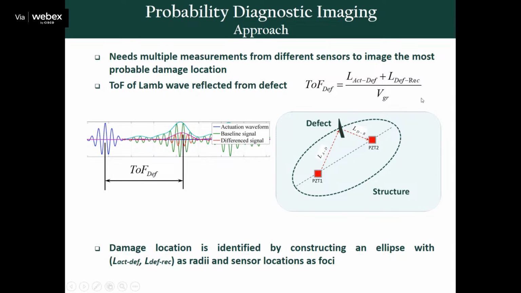And by knowing the property we just mentioned, the numerator here is going to be the same if we are looking at the defect along the same ellipse trajectory, by assuming the group velocity is the same, or we are looking at the same wave mode. So we can calculate the time of flight for the defect, which is going to be the same if they are on this ellipse.